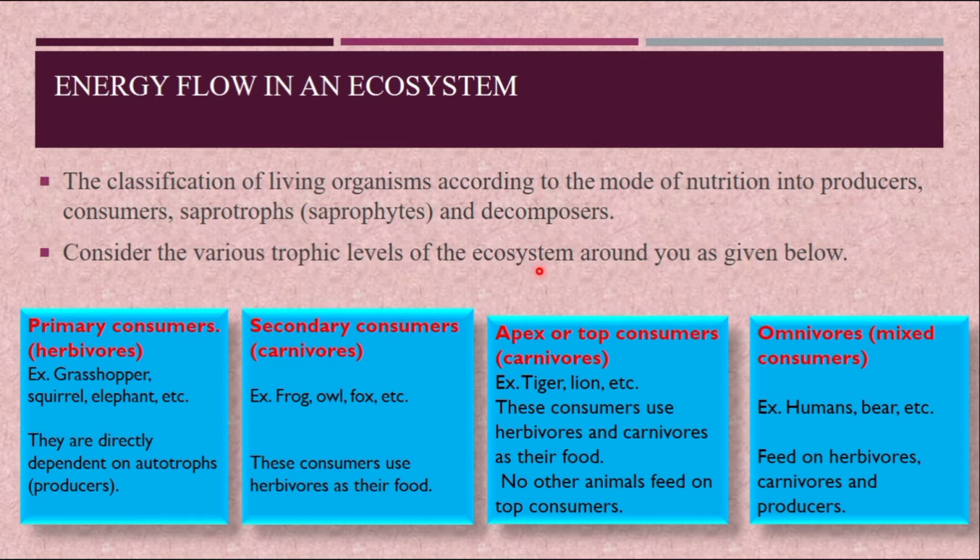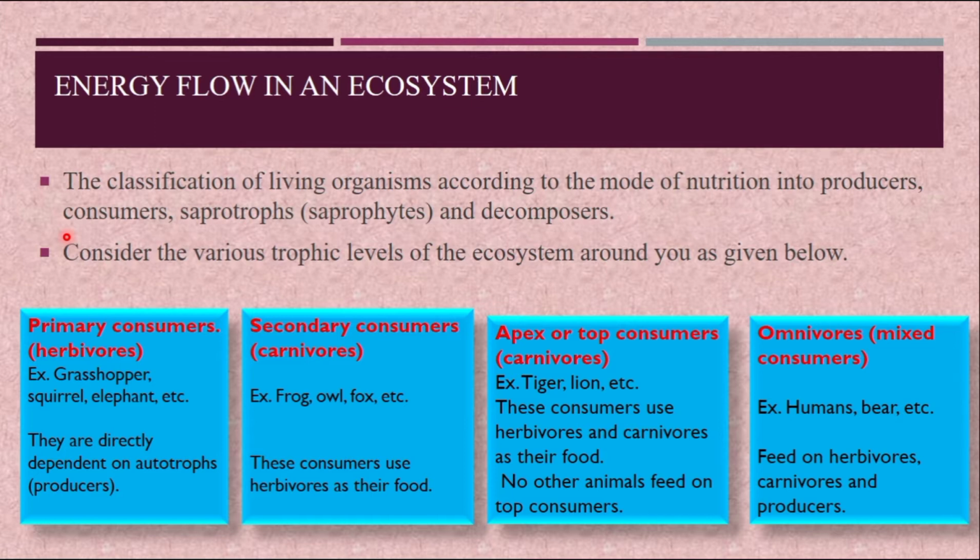The second one is the consumer. The consumers include the non-green plants and all animals which take food from the autotrophs. Consumers are classified into two types again. The first is the macro consumer, meaning a large consumer, and the second is the micro consumer.